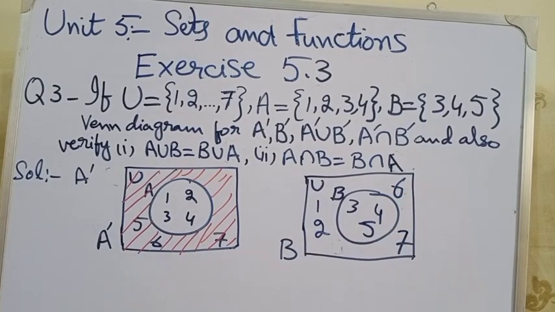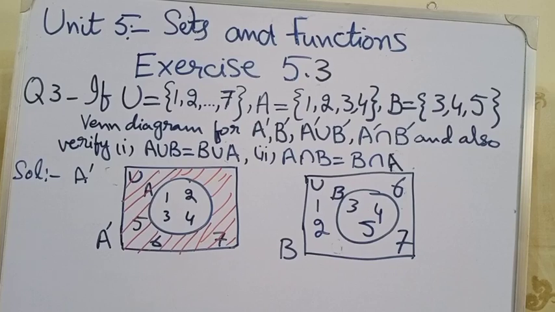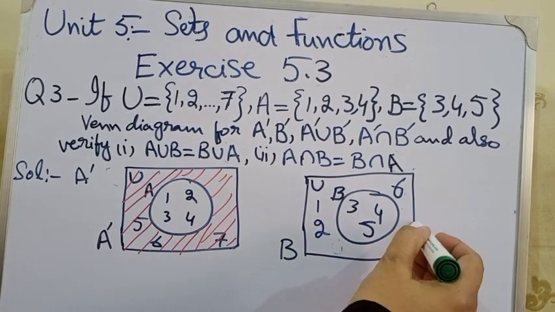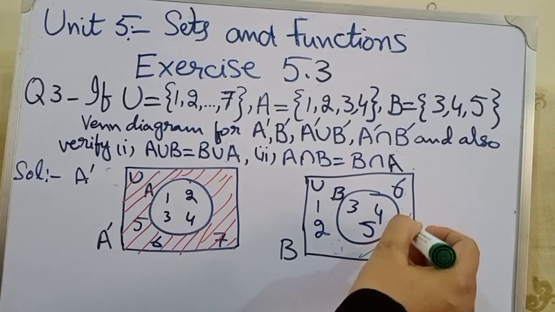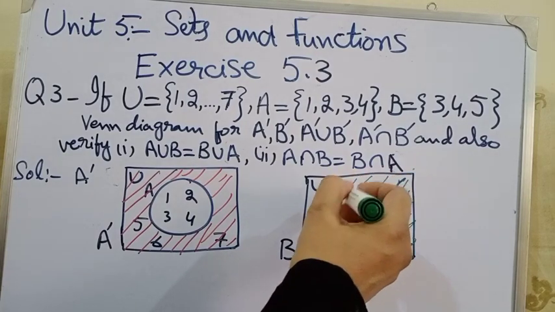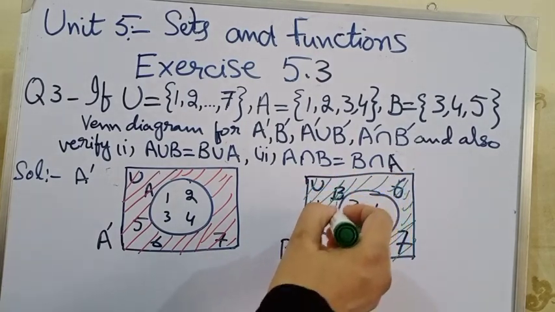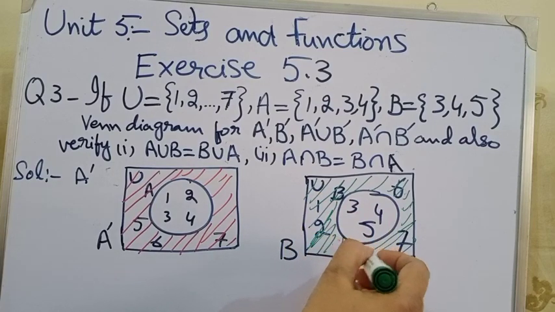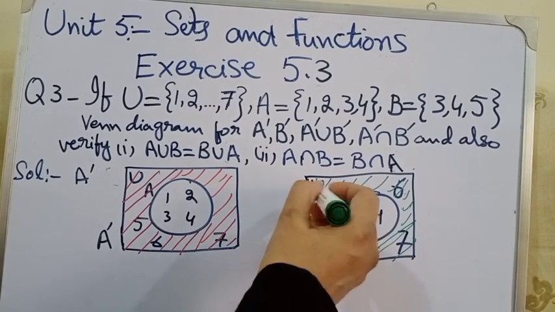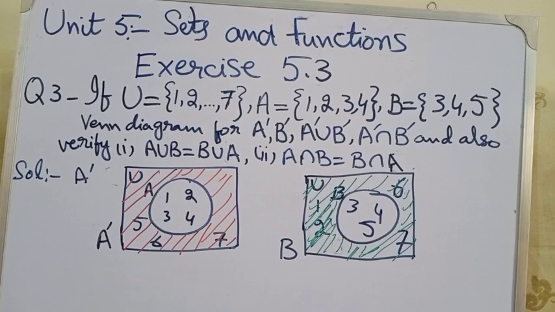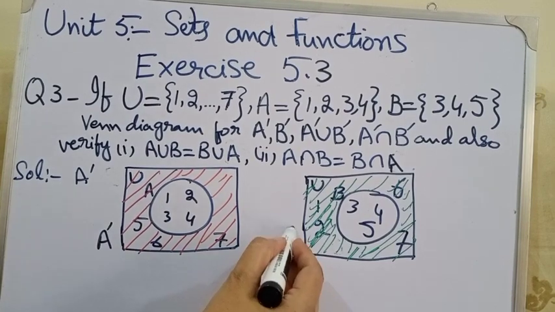We know that B complement contains all elements other than set B. So we color the outer side of set B, which contains all elements of the universal set not common with set B. This is called B complement.